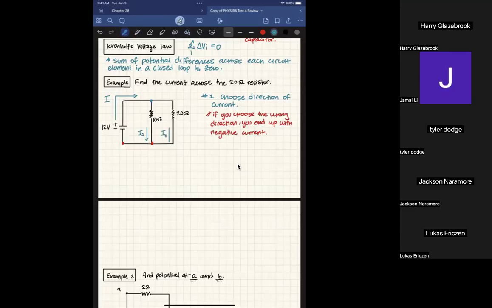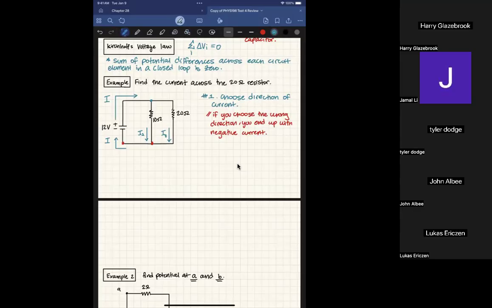And then as it comes back, it's going to turn back into I. Okay, so I chose my current directions. Hopefully those are the right directions, but if they're not, all that's going to happen is I'll get a negative. I'll know I chose wrong.